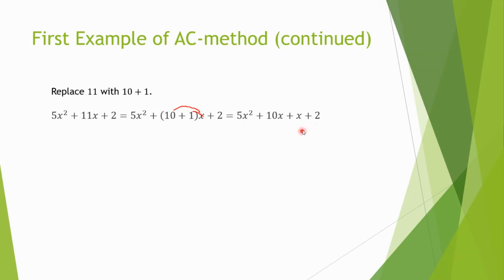And why do we do that? We now have a polynomial with 4 terms, and we want to factor this. So what do we do? Factor by grouping. That's what we have here.